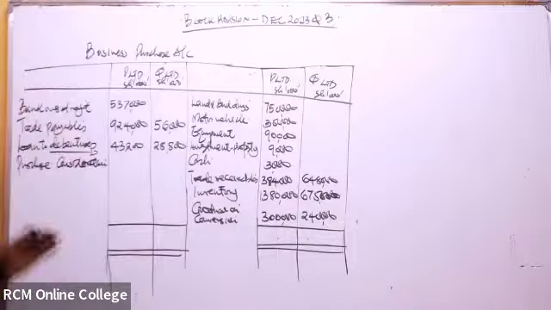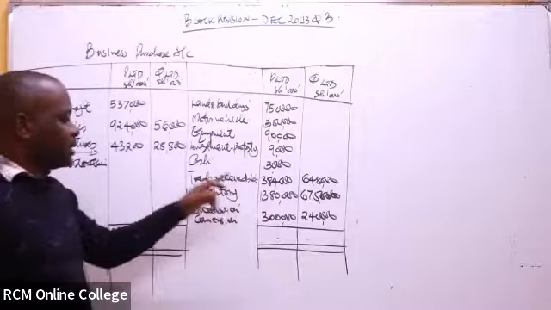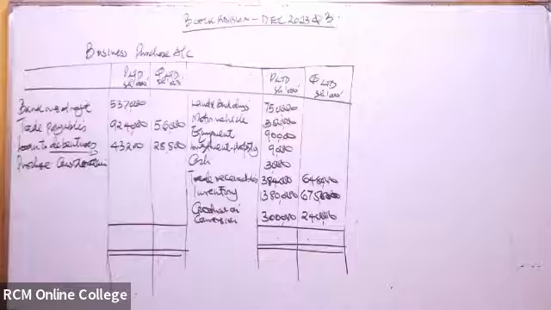When you weigh them, you should be able to see how much they are supposed to be paid over and above. After cancelling out the liabilities with the assets, how much should they end up being paid by the two companies?